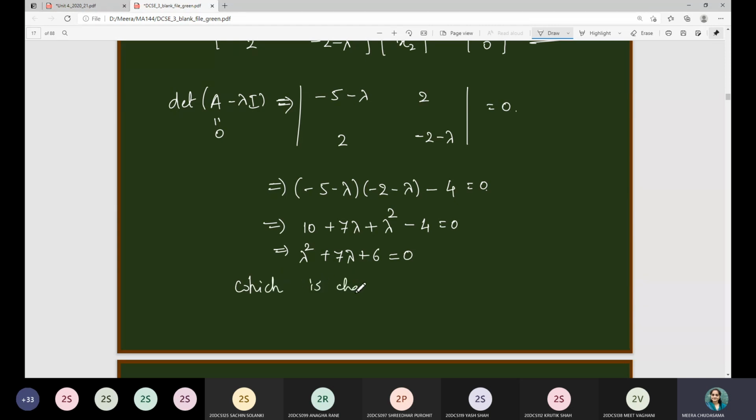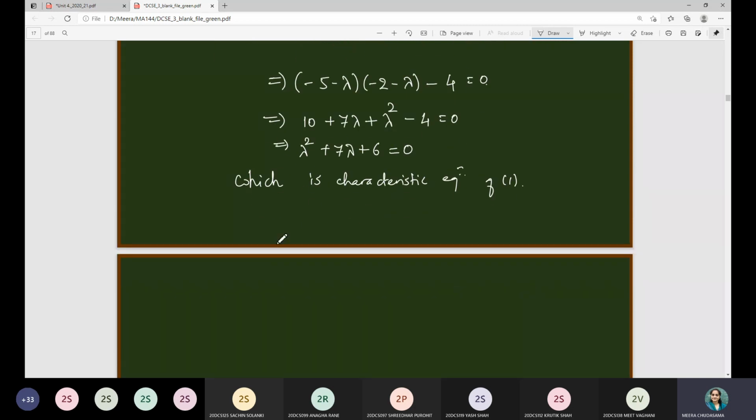So which is the characteristic equation of 1. 1 means already we have written the given matrix as 1. So suppose I give this as 2. So from 2, how can we write lambda 2?